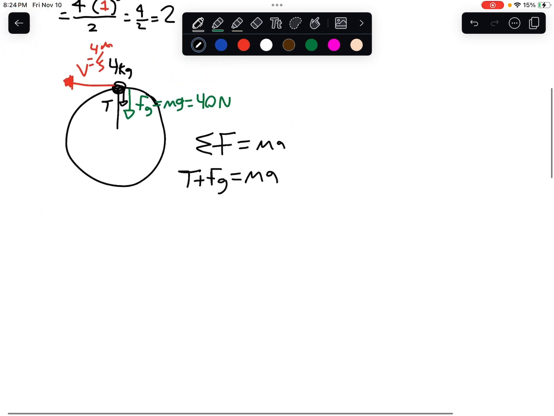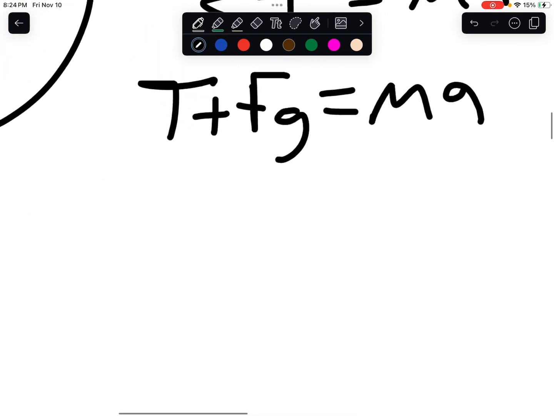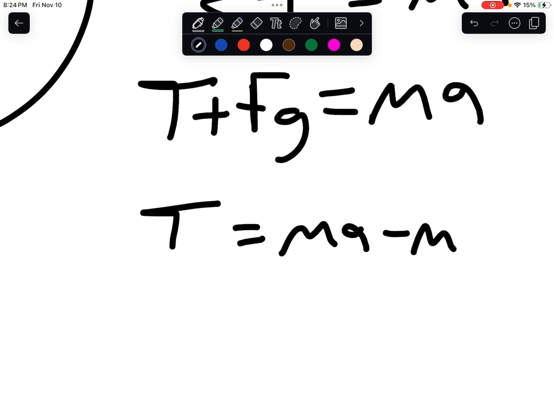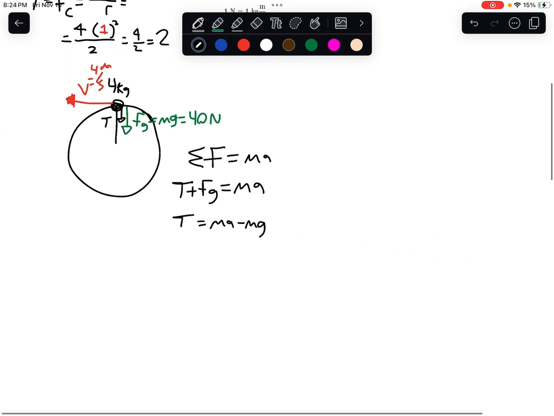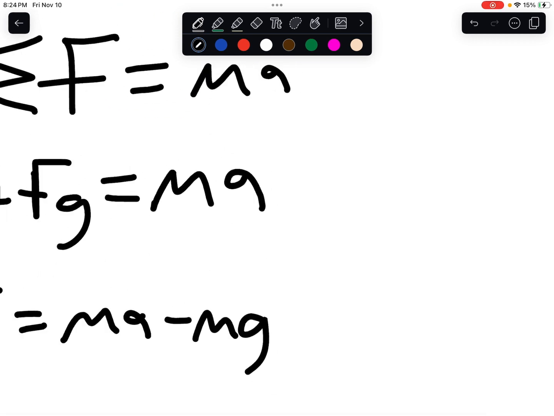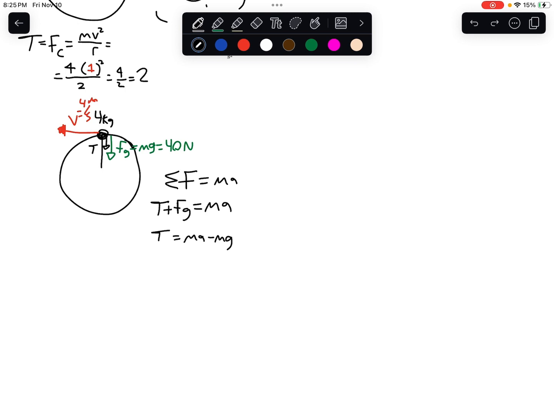So let's say we want to find the tension. Tension equals ma minus mg, right? And what's the acceleration of the m? We know it's traveling at a constant speed around the circle, so there isn't any acceleration side to side.